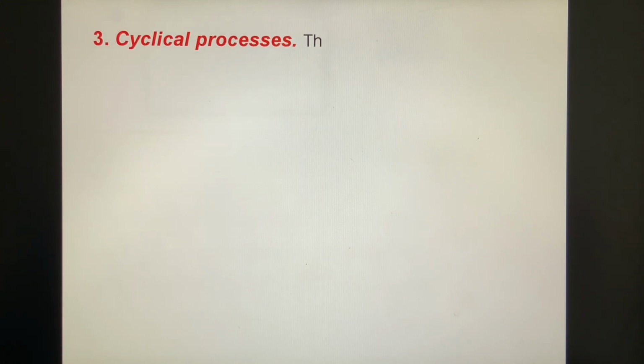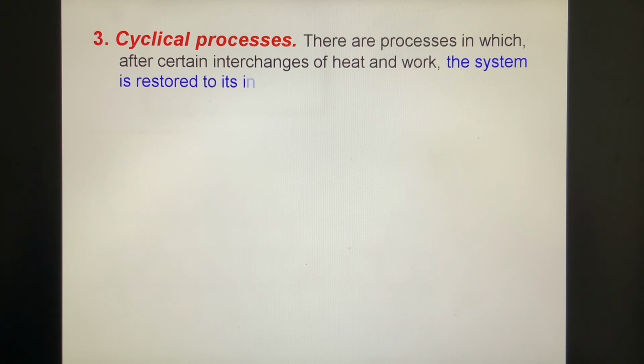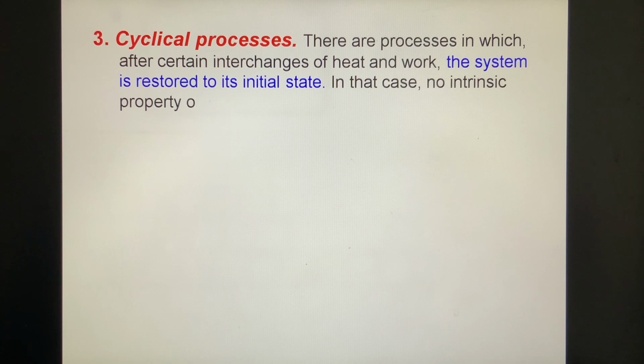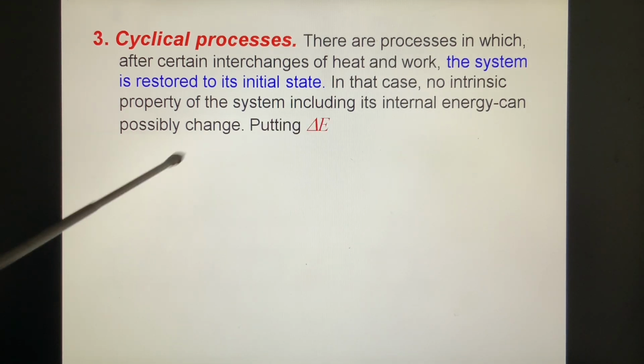Three, cyclical processes. They are processes in which, after certain interchange of heat and work, the system is restored to its initial state. In that case, no intrinsic property of the system, including its internal energy, can possibly change.